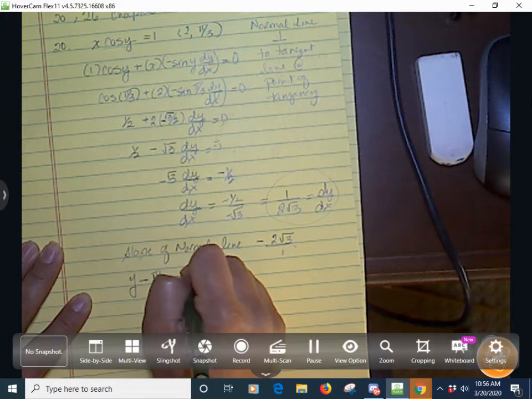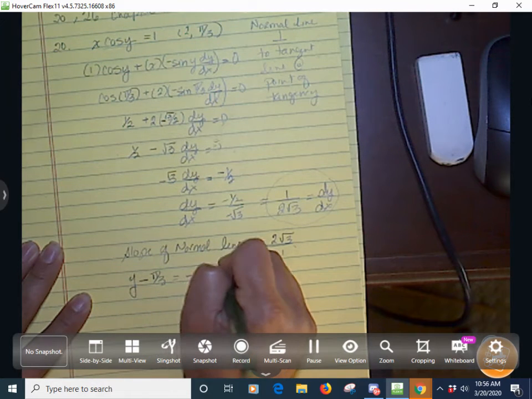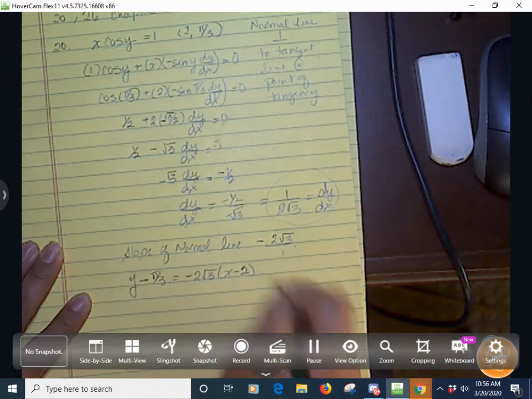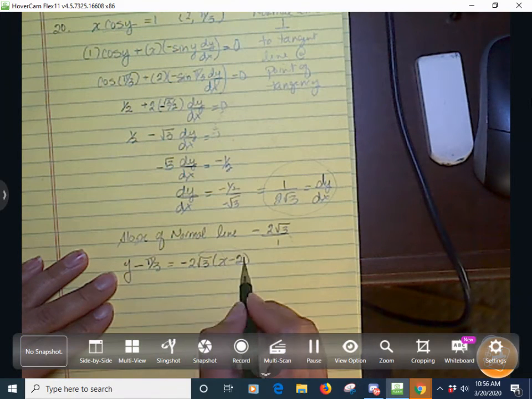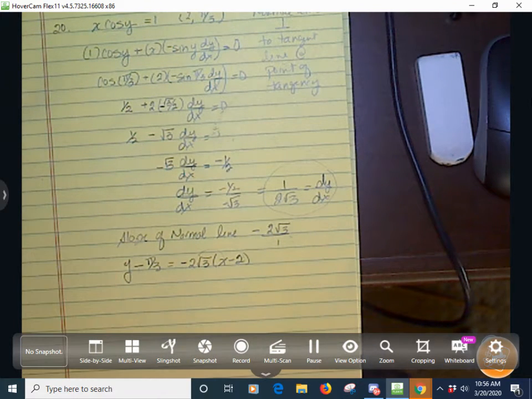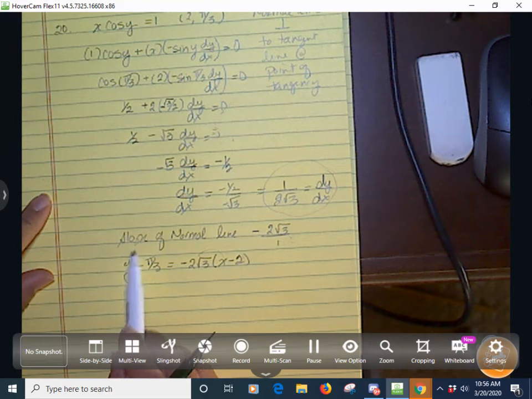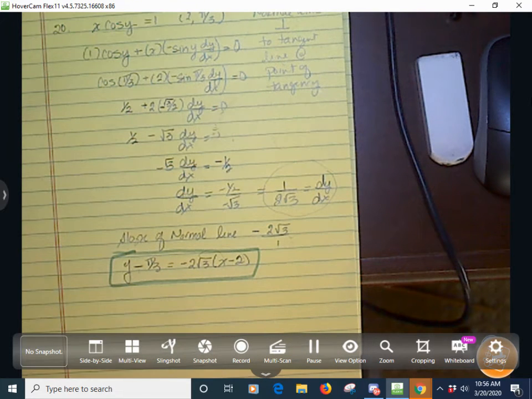So it's going to be negative 2 square root of 3 times (x minus 2). You can simplify this if you want. If you want to distribute and move this over to get slope-intercept form, that's really up to you. And if it was multiple choice, then you want to look for the appropriate form that it's going to be given in. Okay?